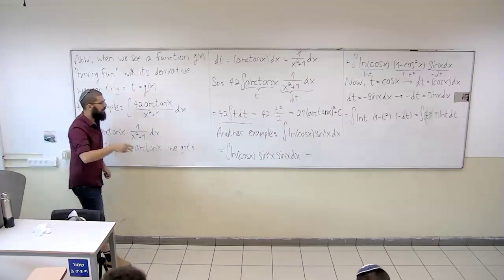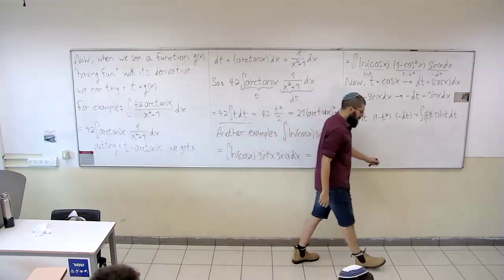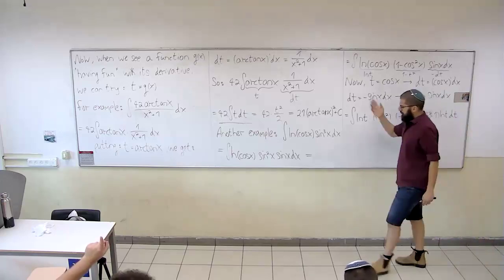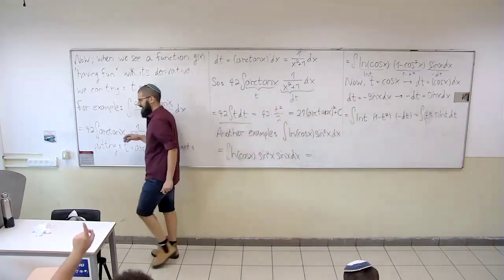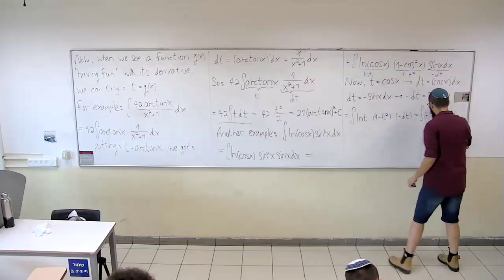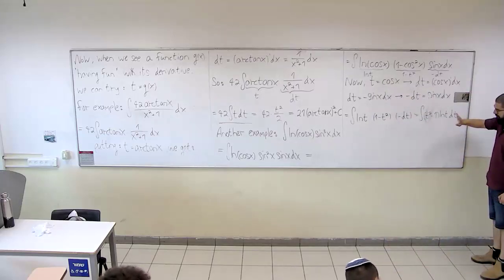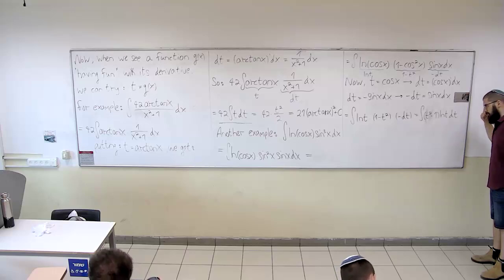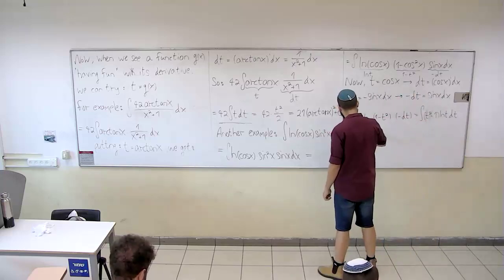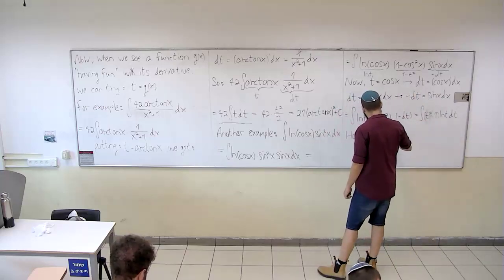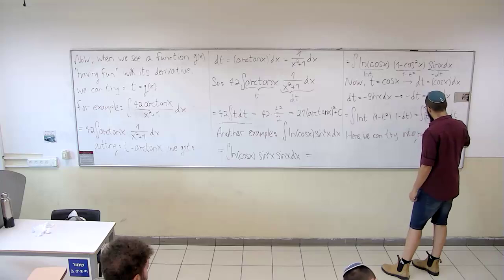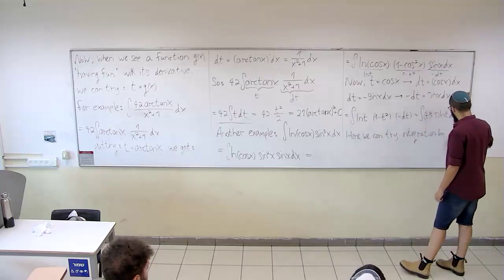So using two methods, a bit of trigonometrical identity, some razzle dazzle, and you get to the solution. So let's finish. I mean, the example of how we use the change of variable is done, but the exercise is not done. So let's finish it. Here we can try integration by parts.